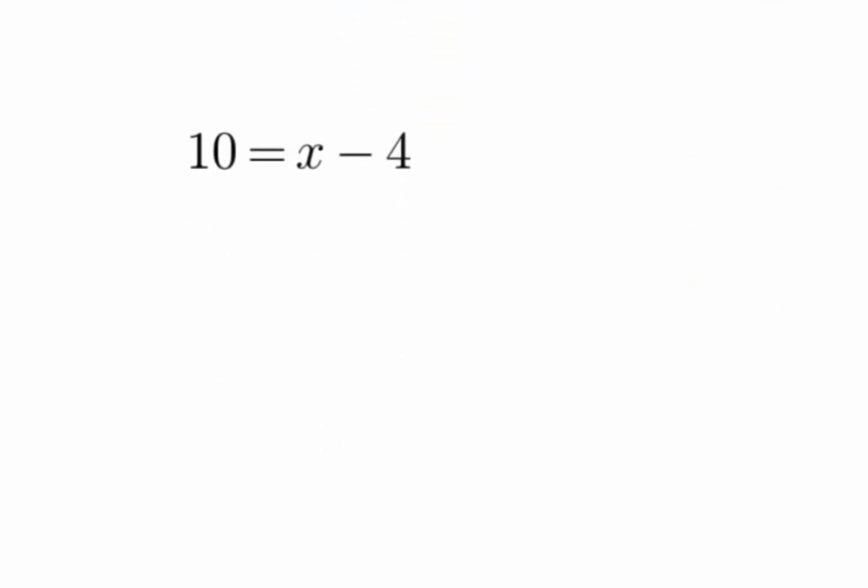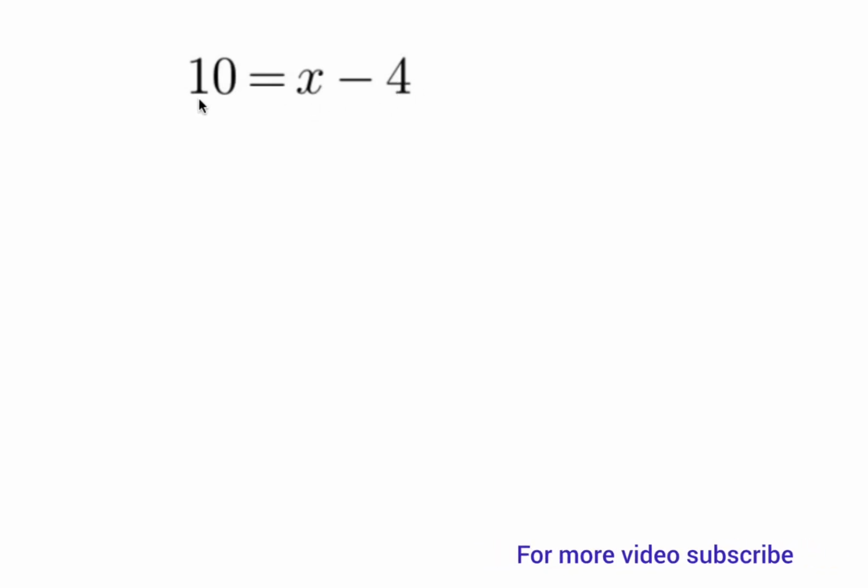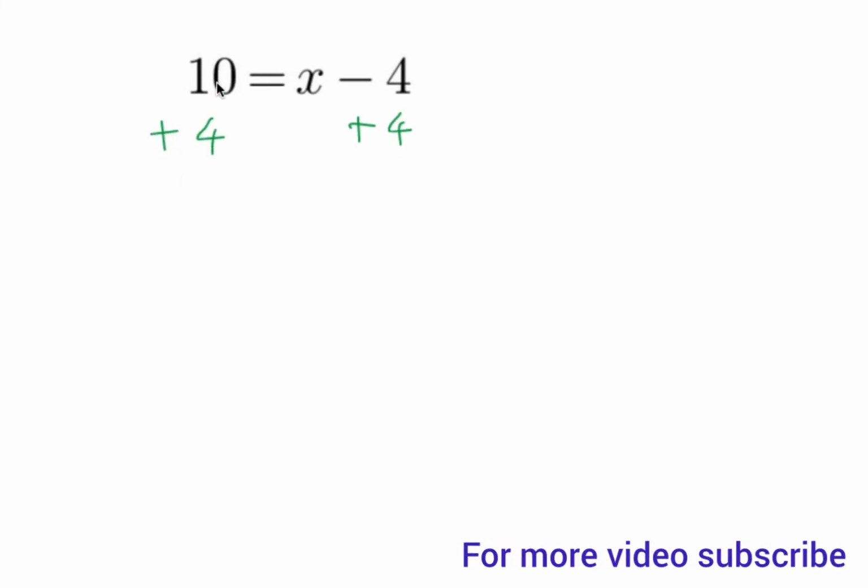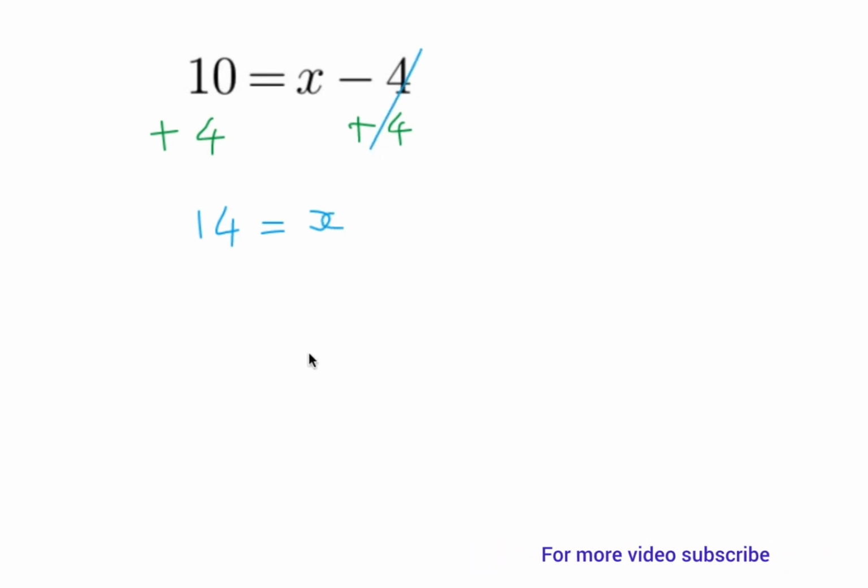Okay, let's try this second question. Here 10 equals x minus 4. So here 4 is subtracted. What is the opposite of subtraction? Addition. So add 4 on both sides. 10 plus 4, which is 14, equals x, and this cancels.